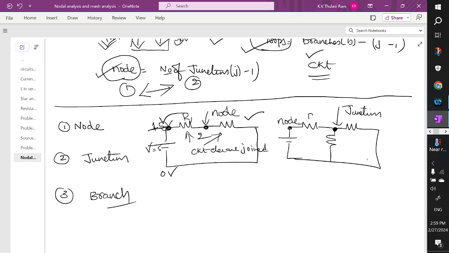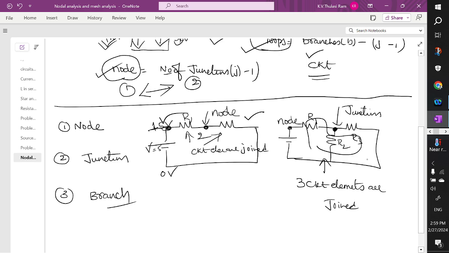This is element 1, this is element 2, this is element 3. So when three circuit elements are joined, it is called a junction. Technically, you also know what is meant by a junction. A junction is where you have one entry point and two exit points. You can take railway junctions as an example.